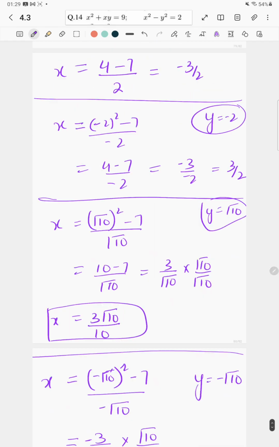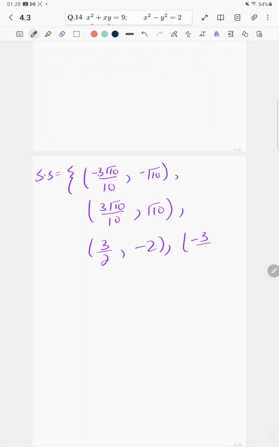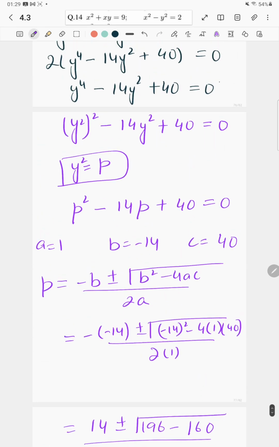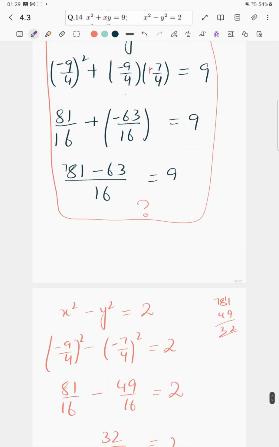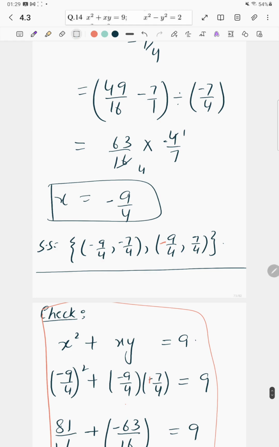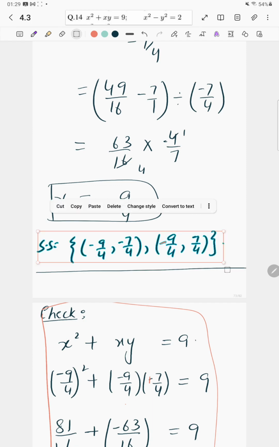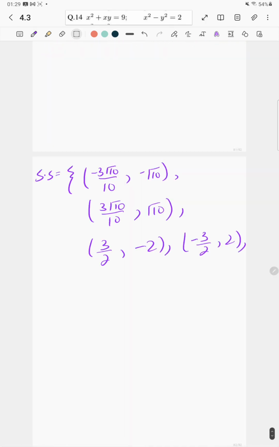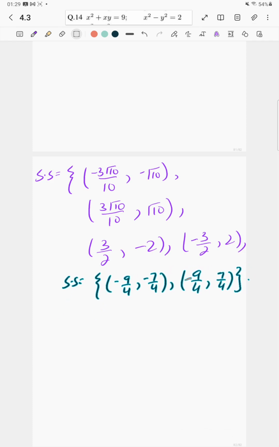X is minus 3 by 2 when y is plus 2. And the other two solutions we already found were minus 9 by 4 and minus 7 by 4. So this is the solution set and the question ends here.